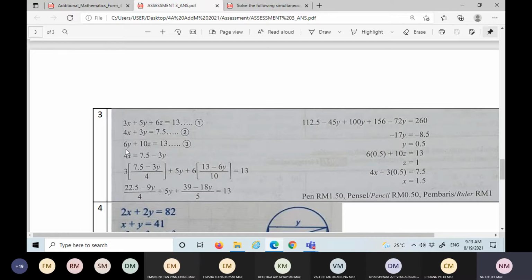You can start with the third equation also. So you start with the second equation and make x the subject. Then substitute this x inside the first and third equations to get rid of x.